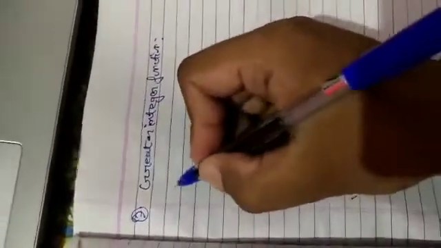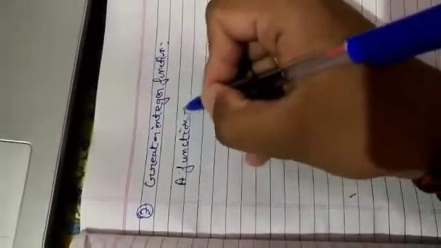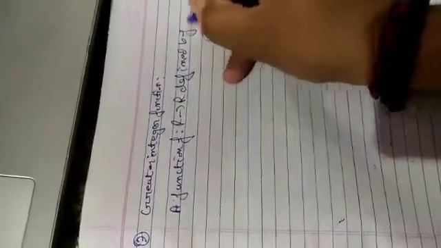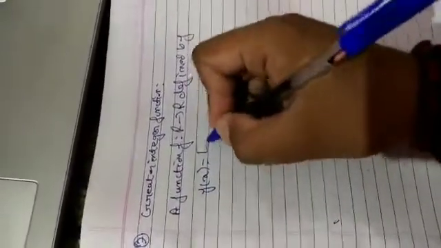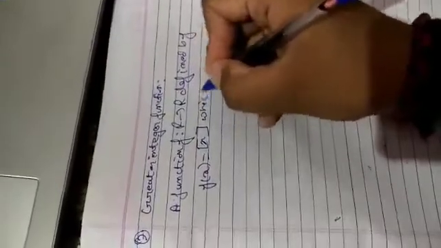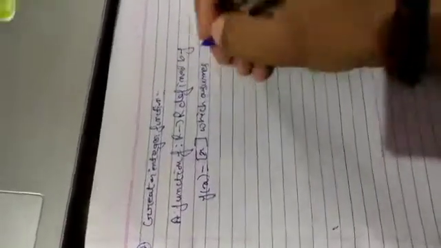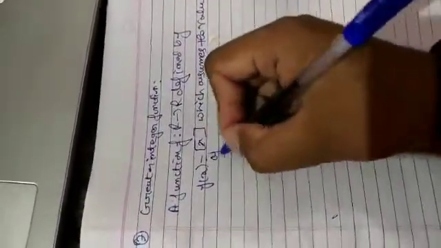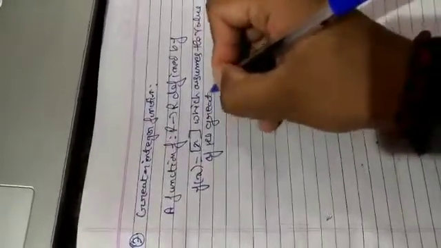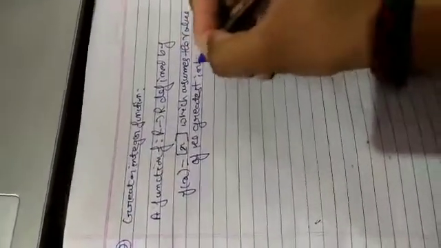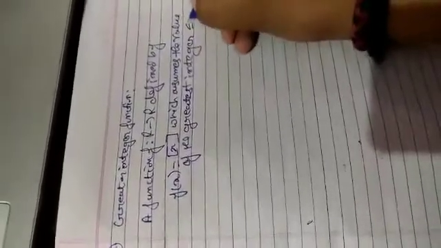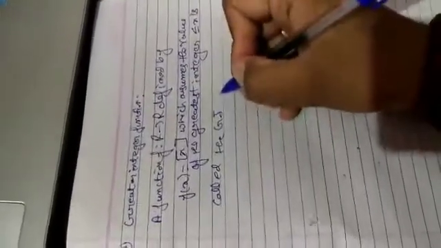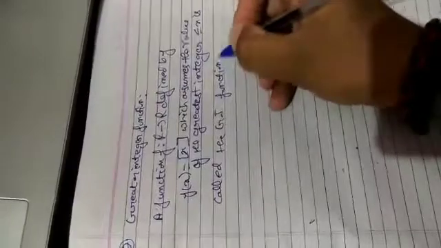So a function f: R → R defined by f(x) = [x], which assumes the value of the greatest integer less than or equal to x, is called the GI function. GI function means greatest integer function.